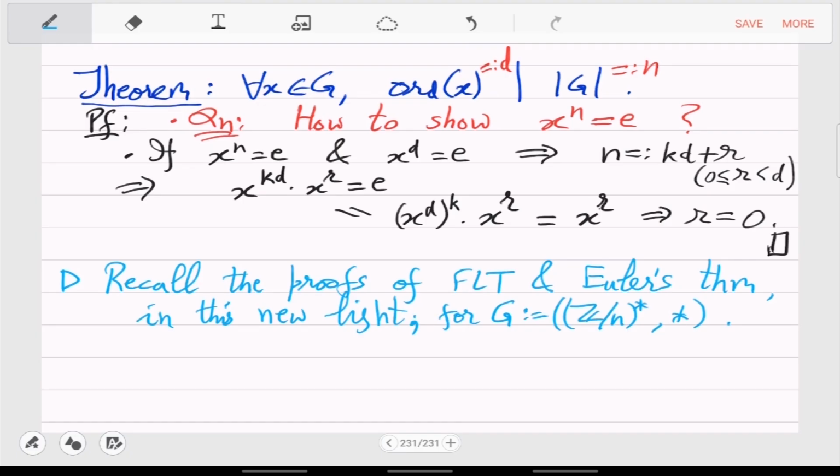Zn star is a finite abelian group, and the claim and the theorem together give you all the properties in the number theoretic example. Then it's a complete proof, but for abstract groups, you have to work harder. You have to define new objects, which we will do in due course.